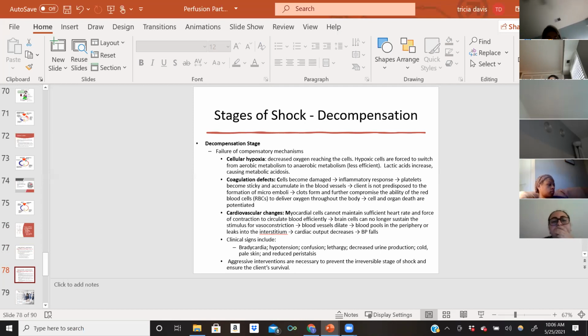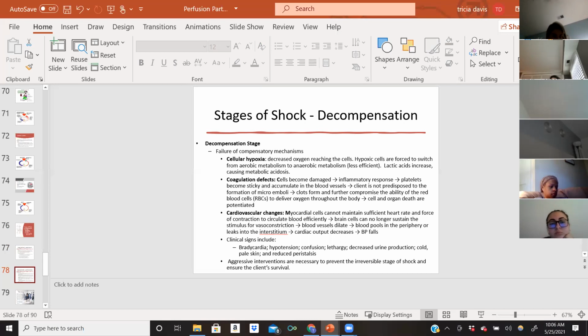We're going to start seeing coagulation defects. Those cells are going to become damaged. Once they become damaged, they're going to signal an inflammatory response, which is going to go out to the area of injury. It's going to cause a release of platelets. Those platelets are going to become sticky. They're going to start accumulating and building up in our blood vessels.